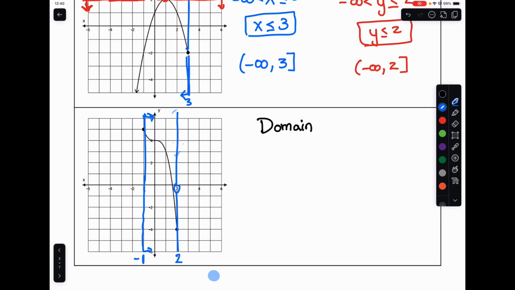So as an interval, my domain would be the x values between -1 and +2. Now, because of closed circles on both ends, I would simply put equal signs under each inequality, and as an interval, I simply put brackets.